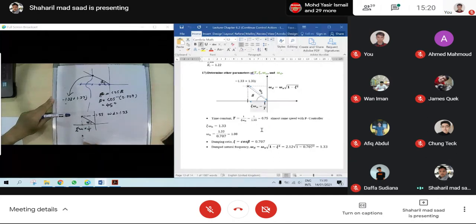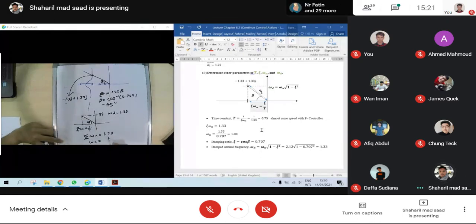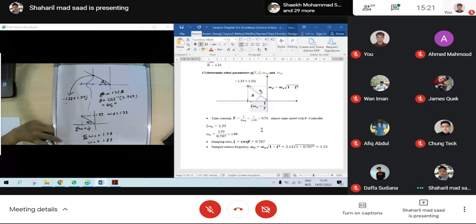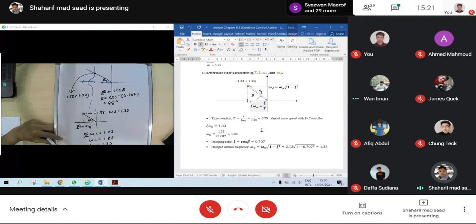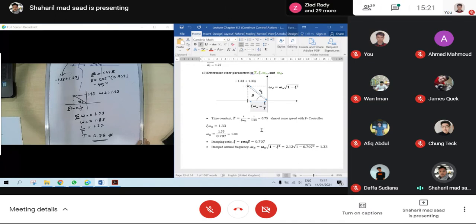And omega n is equal to 1.88, so you can get the omega n here, so 1 over t. Then we represent the 1.33, so you can get your t here is 0.75. Okay, so this is what you got here.